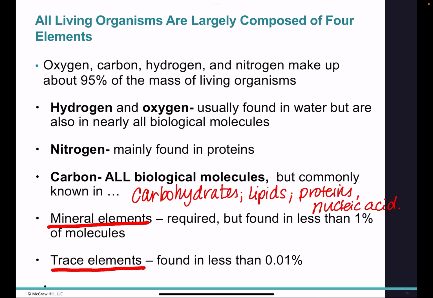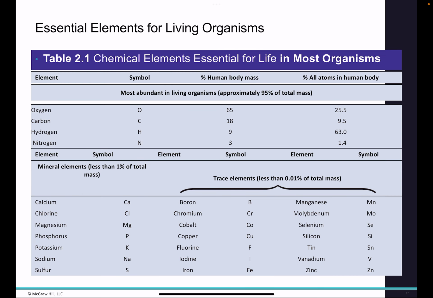So when we get to our biological molecules, we'll find that those 4 atoms are key to the structure of those molecules. Many of these other mineral and trace elements we'll talk about. We won't necessarily go into great detail in all of these, but there are a few that you're probably familiar with, like calcium for bone health.